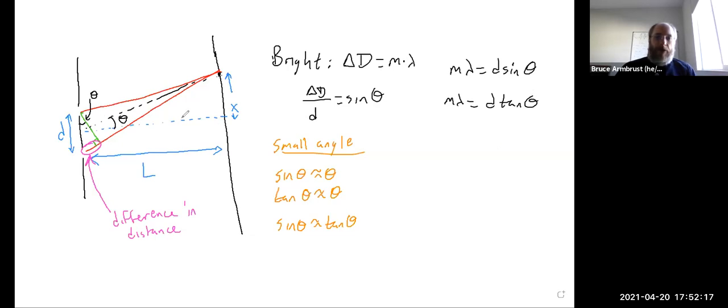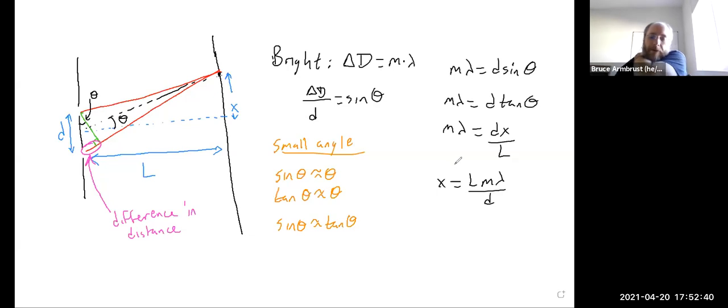And if we go to the bigger triangle that's got this theta in it, we can see that the tangent is equal to x over L. And if we solve that for x, we get x = L m lambda over d. If you look at your lab packet that you got from Kathy, I'm sure the letters might be a little bit different. But this was how we could figure out where that x was.